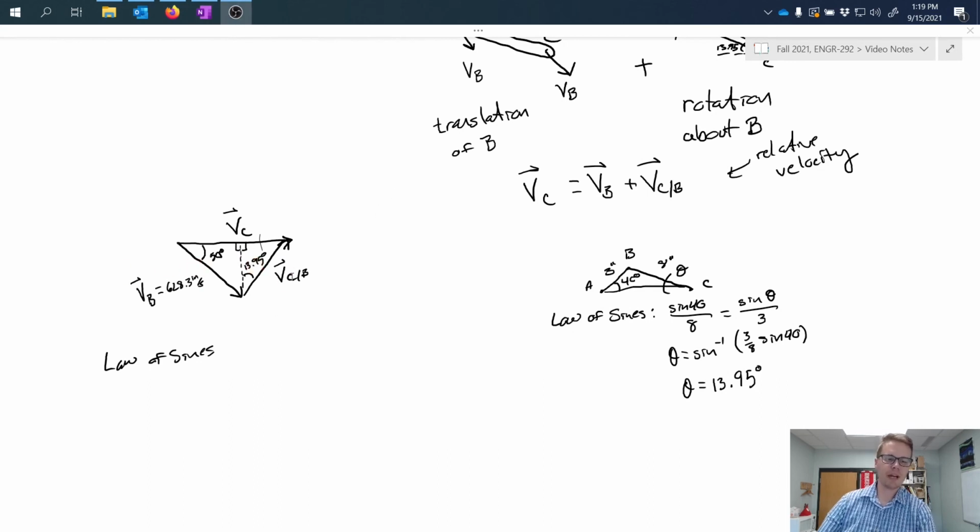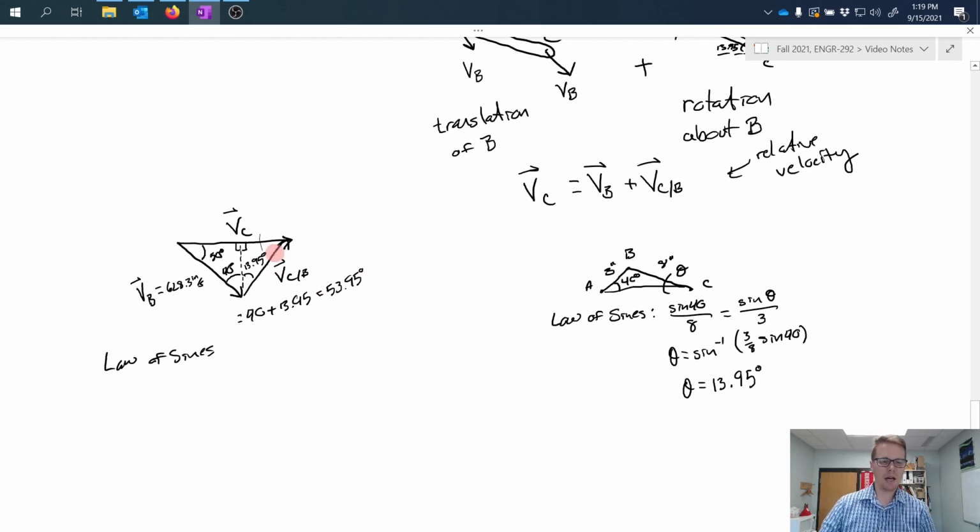So I can see from my triangle that I have a right triangle over here on the left. If this is 50 degrees, then this must be 40 degrees, which we've already used. And therefore this overall angle must equal 40 plus 13.95 equals 53.95 degrees.